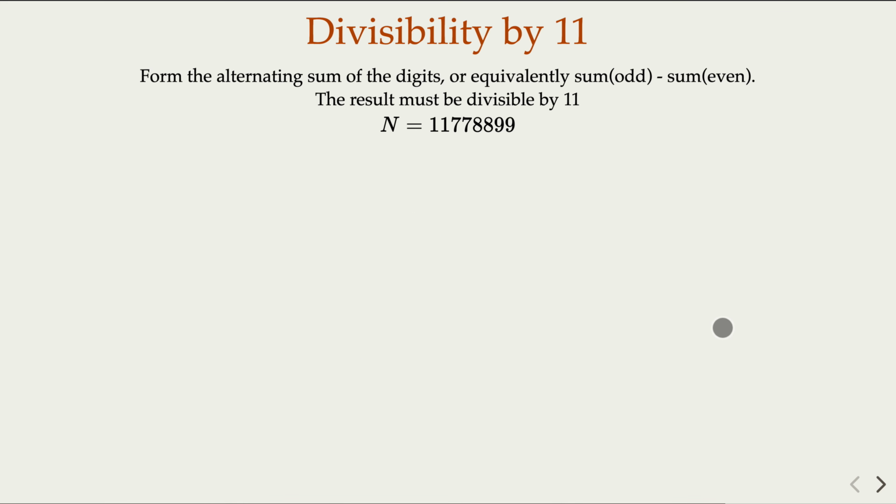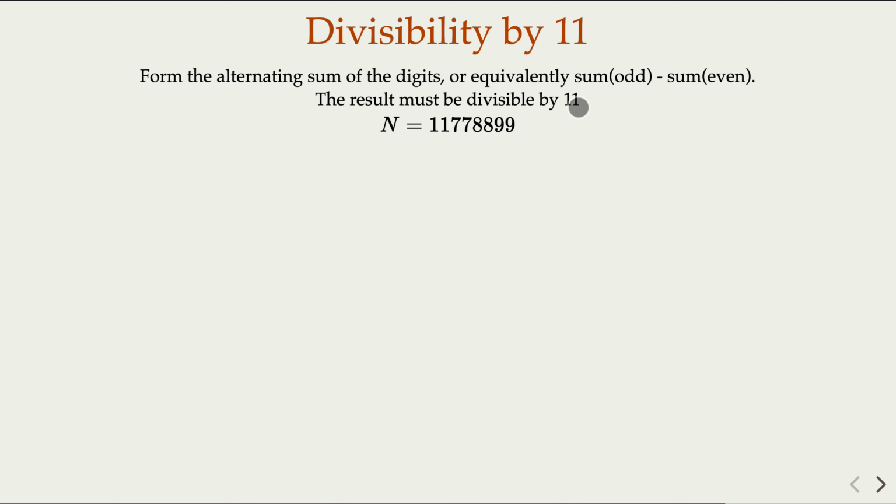Move on. It's also good to know that divisibility by 11 in base 10 is checking the sum of odd-position digits against the sum of even-position digits. This is exactly the same argument we saw earlier when we talked about modulus. Here, 10 mod 11 is 10, or negative 1.